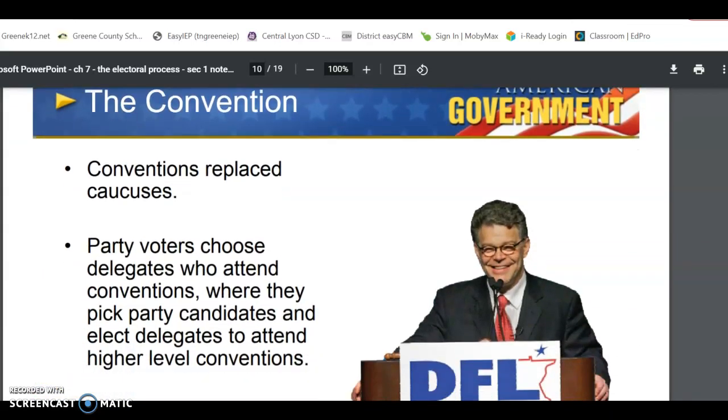The next way that candidates can run for public office is a convention. The conventions replaced caucuses. Voters choose delegates who attend conventions where they pick party candidates and elect delegates to attend higher level conventions.